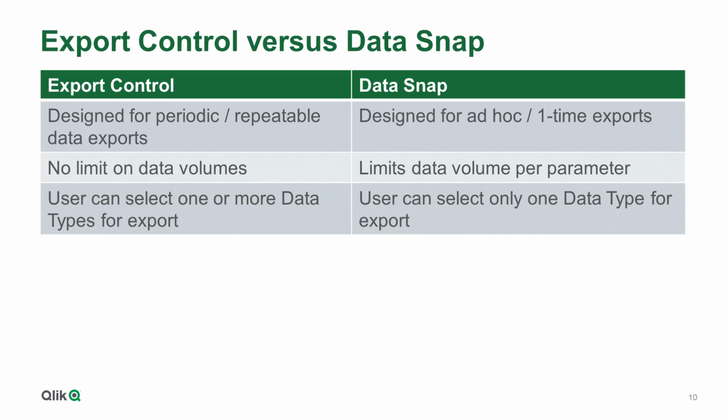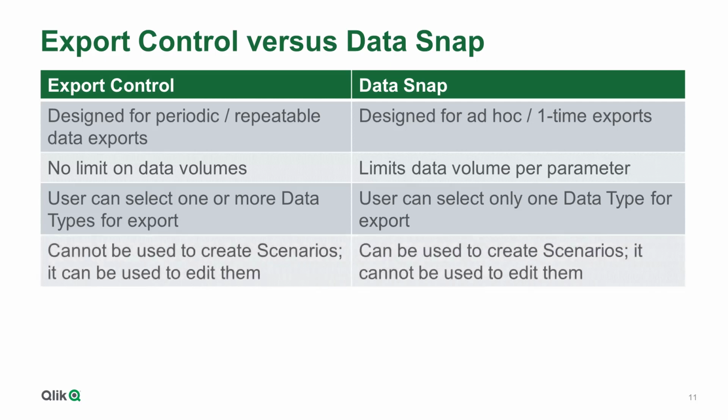Export control provides users the ability to select one or more data types, while DataSnap limits the user to selecting just one data type. Export control cannot be used to create data scenarios, but it can be used to edit them. DataSnap can be used to create data scenarios, but it cannot be used to edit them.